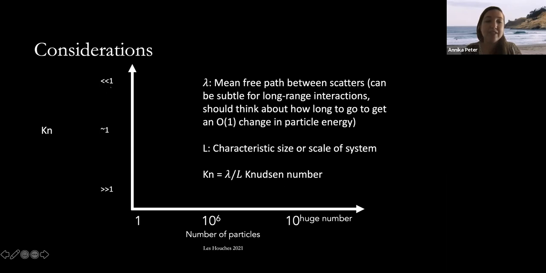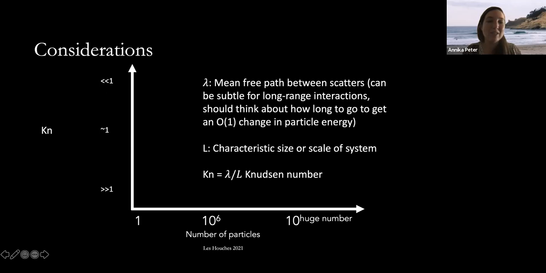The two most common regimes that we work in are when the Knudsen number is very much less than 1, so the mean free path is very small compared to the system size, or the other extreme, where the mean free path is gigantic compared to the typical system size. There are well-defined approaches to simulations in these limits.